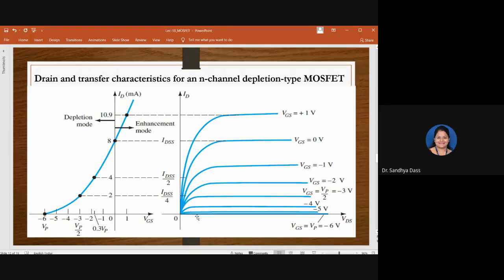When you have all the readings and you are plotting, this is the characteristics you will get. In the x-axis you have VDS, and in the y-axis you have drain current. Observe that keeping VGS equal to 0 volts, the current varied similar to the characteristics we had in JFET, right?